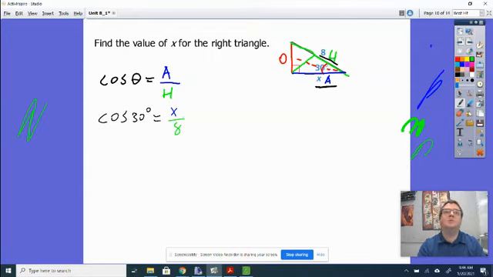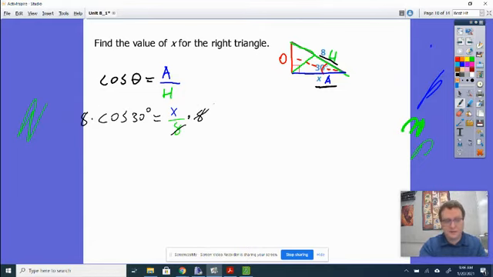So we're going to end up with 2 scenarios. The easier scenario is the one like we have right now, where we have x in the numerator in that top part, and we have a number in the bottom part. For these ones, remember, fractions are just division. Don't let fractions freak you out. They're just division. So to get rid of division, we multiply. So I'm going to multiply both sides by 8.